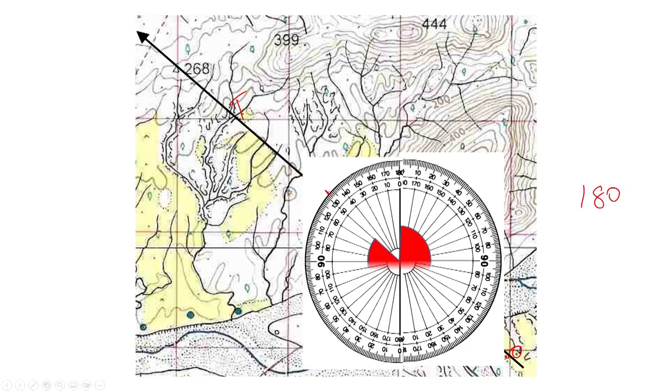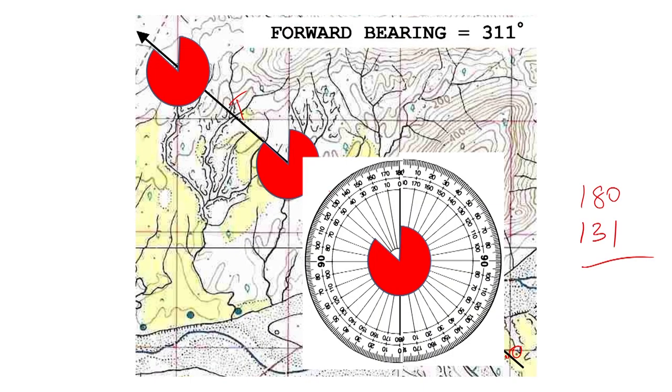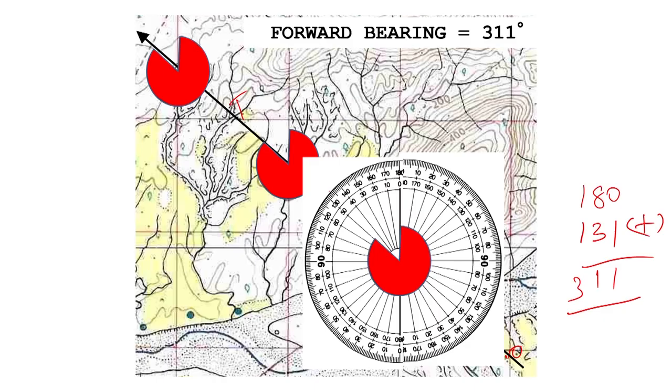So, 180 plus 131, totally the bearing value is 311 degree, right. If we say the same in cardinal direction, roughly we can say northwestern direction.